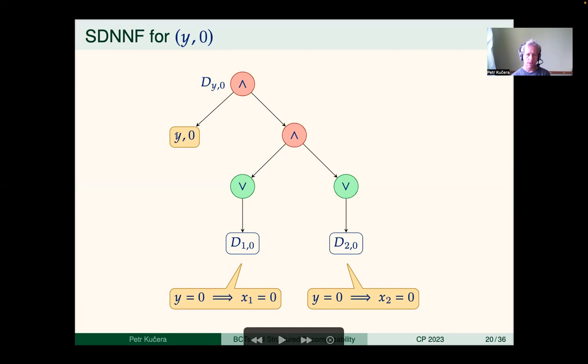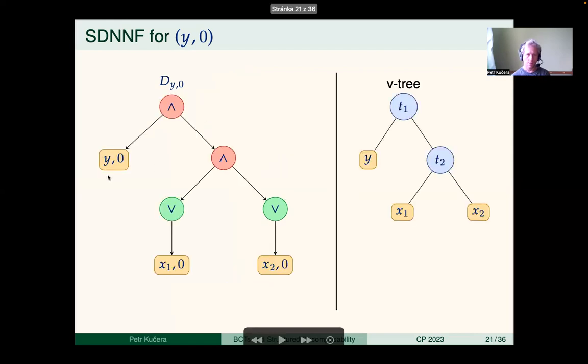Because if Y is 0, then to satisfy constraint C1, we have only one choice, to have X1 being 0. And for C2, also X2 must be 0. So that's why this is very simple. The disjunction actually has just one input. And we also have the V-tree, which is constructed on the way and follows the structure of the DNNF.